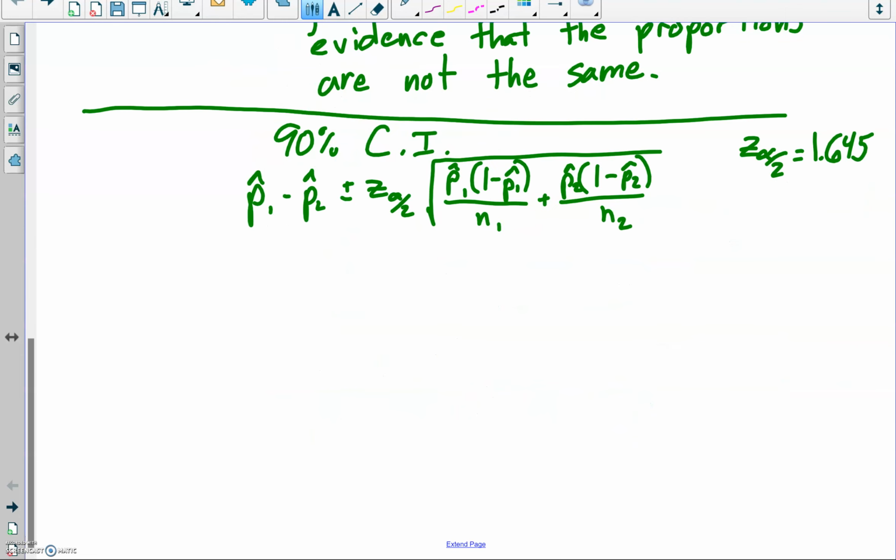And if we start plugging in our numbers into this, our P1 again was 211 over 588 minus the 26 over 123.